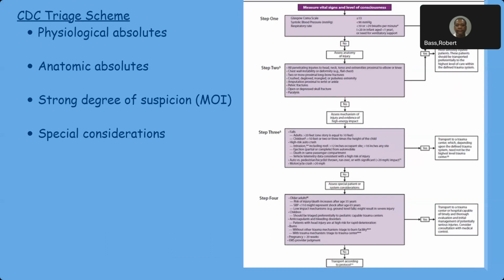This is critical information that could be passed on during your pre-alert. They can at least have the helicopter on the way, or have teams there. If they have to call in extra personnel, they can have those extra people called in to assist, so that the person can be transported to that level 1 or level 2 trauma center.